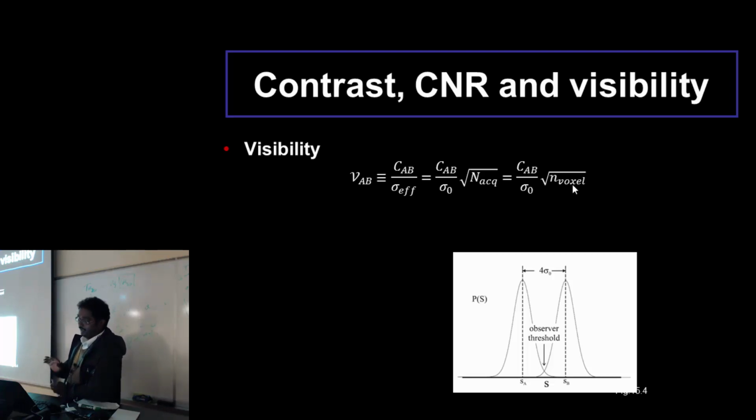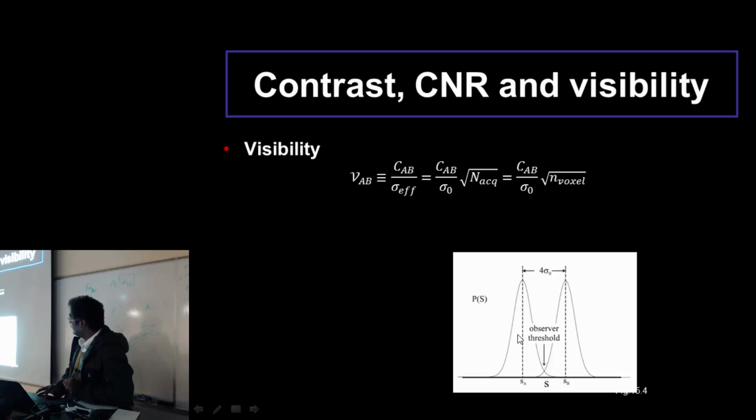Even though, as you will see in the next couple of slides, if you have a reasonably large object with a low intensity difference relative to the noise, its signal distribution and noise distribution are separated by, let's say, not 4 sigma naught, but something less than that.